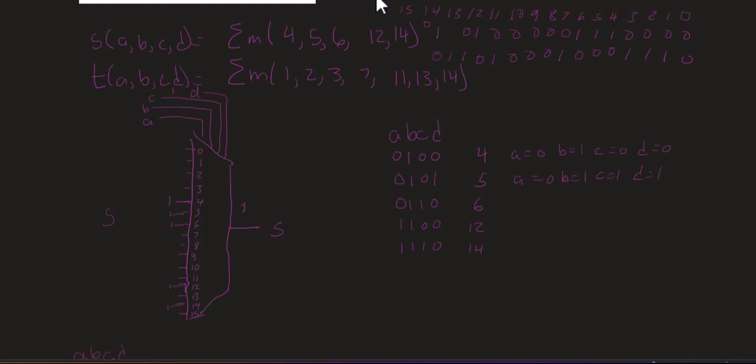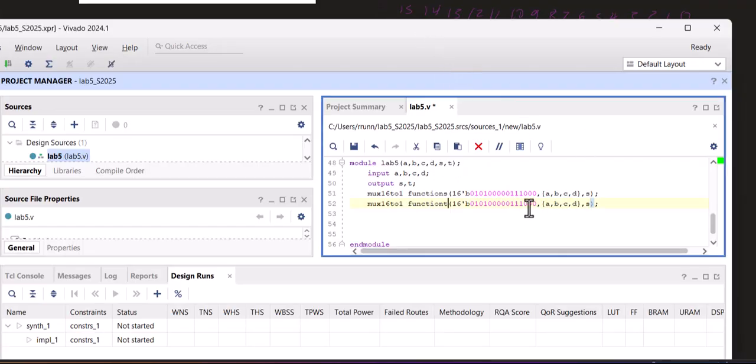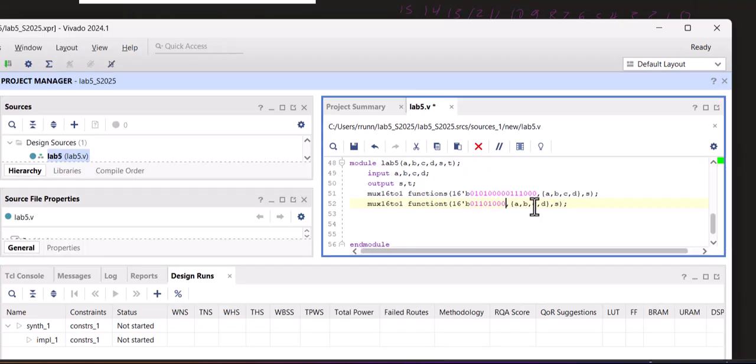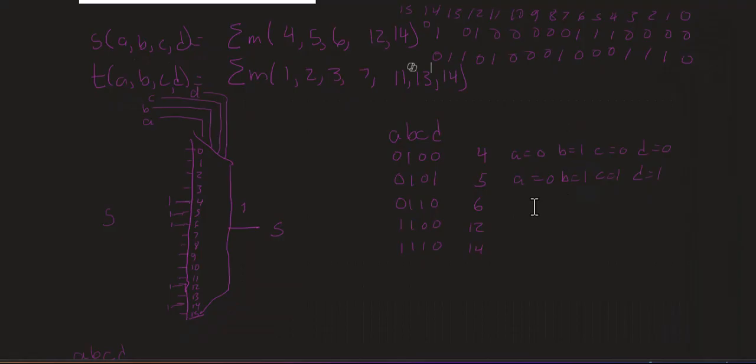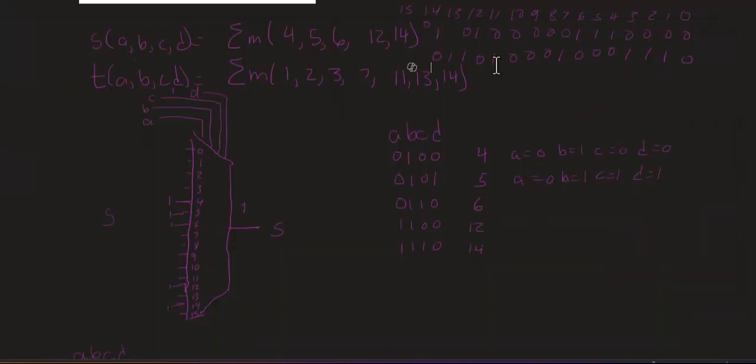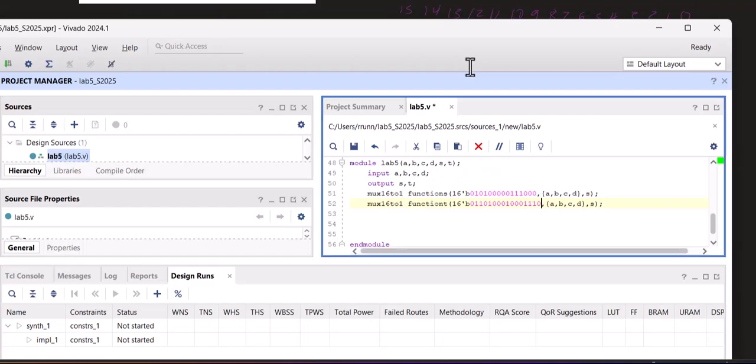So 0, 1, 1, 0, 1. Got an extra number there. 0, 0, 1, 0, 1. 0, 0, 0, 1, 1, 0, 1. 3 zeros.